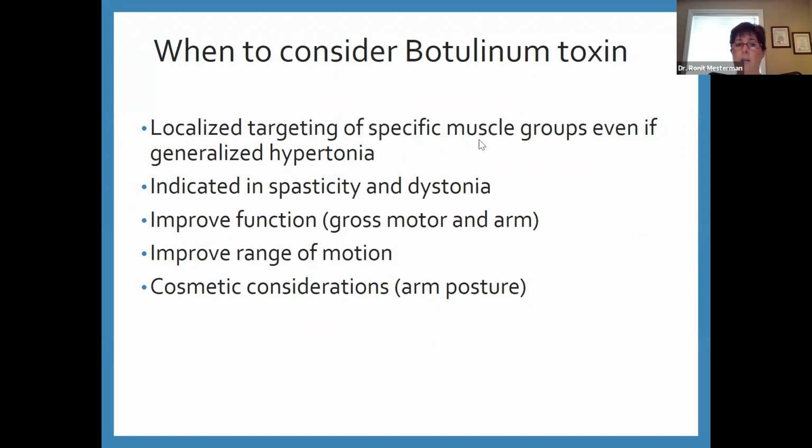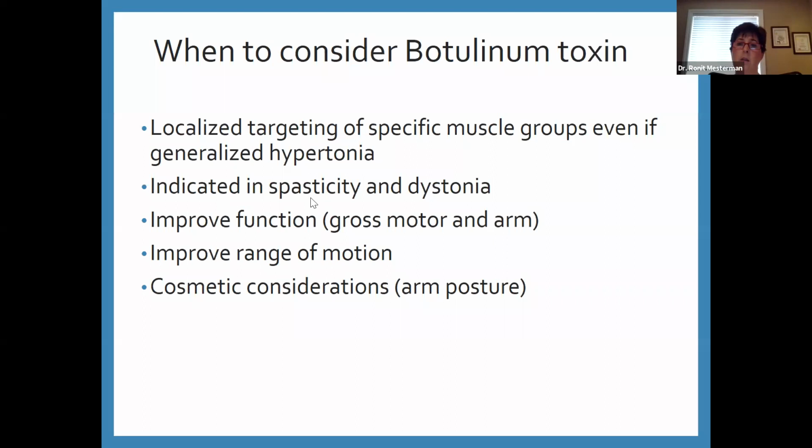Different from the oral medication, botulinum toxin will target very specific muscles that we as professionals have to identify. It is important to recognize that while botulinum toxin treatment is regarded as a focal treatment, you can definitely apply it also in patients that have widespread hypertonia, while you're still targeting specific muscles.